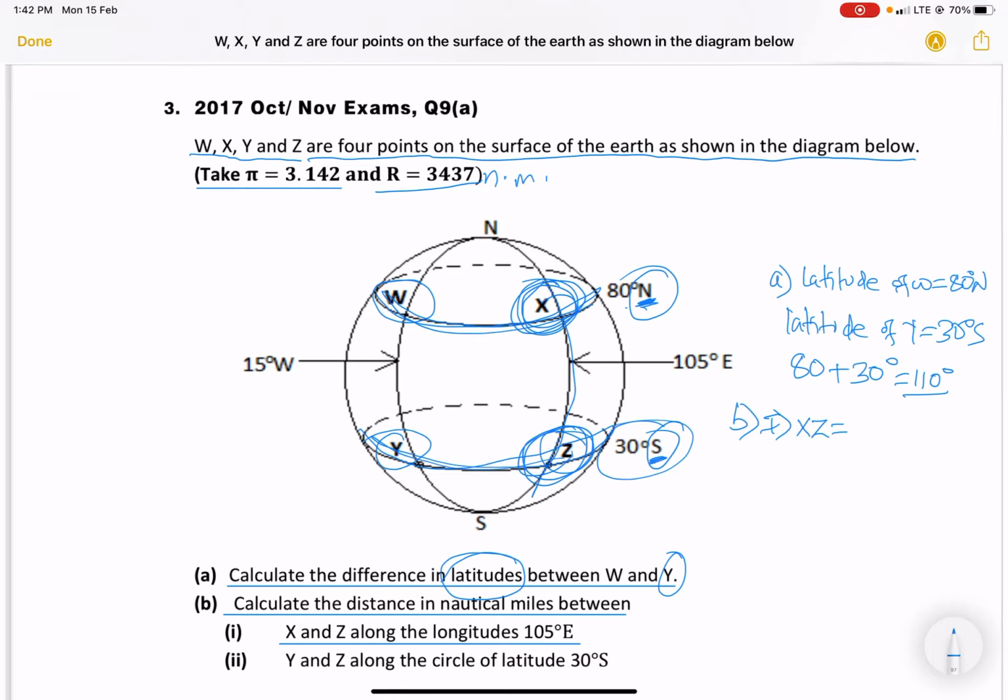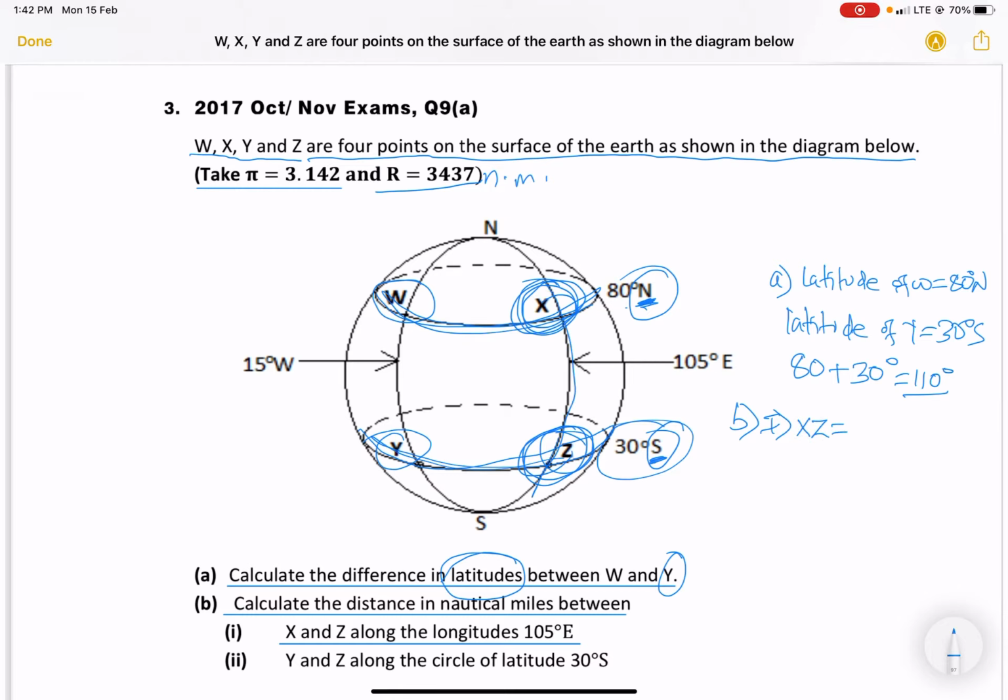So XZ is equal to, what is our theta? Theta is the difference in latitude between X and Z, which we found already is 110 degrees.